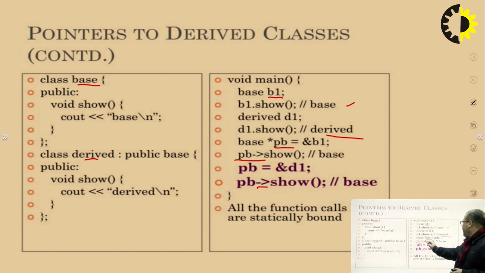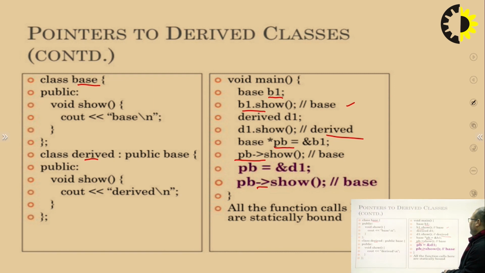So there are two ways to invoke a member function: either the dot operator or the arrow operator. If you are using the arrow operator, then you need to create the pointer. Anyway, this is a simple way to access a member function or data.